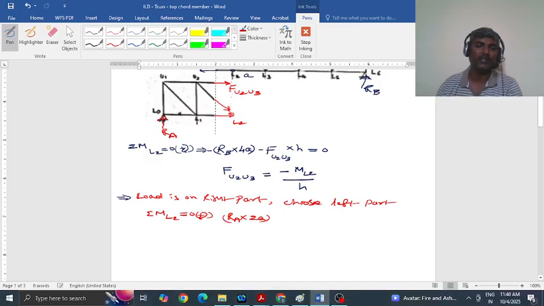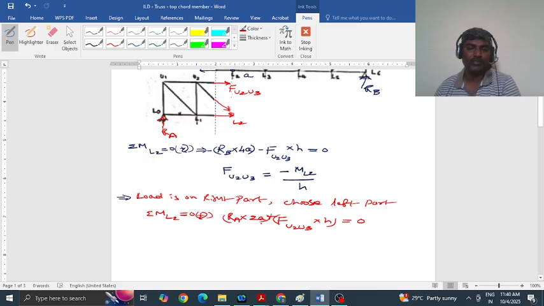This is clockwise, so I choose clockwise positive, so plus value, and force U2 U3 multiplied by the perpendicular distance between the moment center and this force, which is h, is positive, equal to 0. So this is the equation that you got from the equilibrium equation.